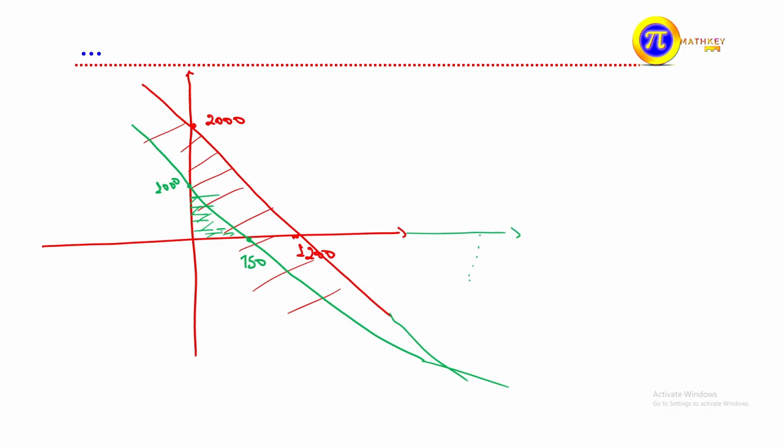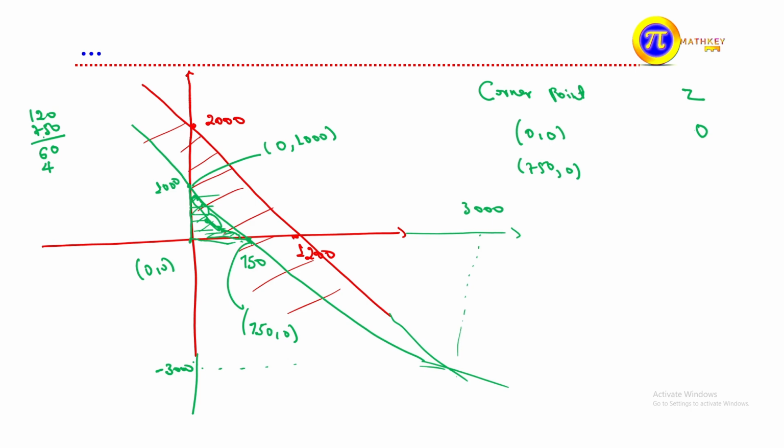We extend this; this is 3000, and the value of y is, for instance, negative 3000. Then we calculate the value, which is equal to 9000. Similarly, when you take the value here, it is 0 with 1000.